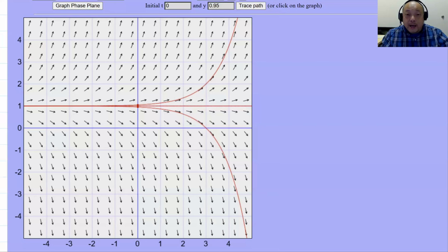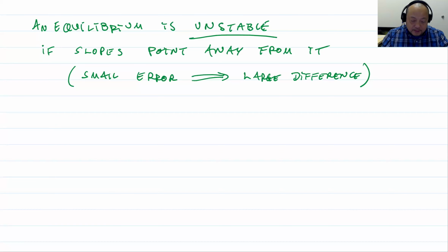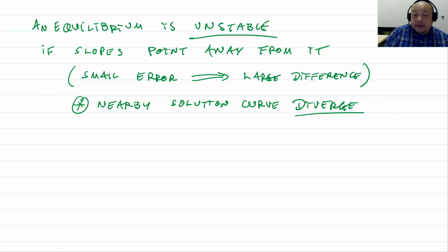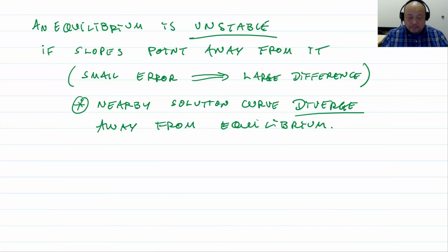It moves away from the equilibrium. Another way of saying this is that the nearby solutions, or specifically nearby solution curves, diverge away from the equilibrium. And you can pretty much predict that the opposite of this makes it a stable equilibrium.